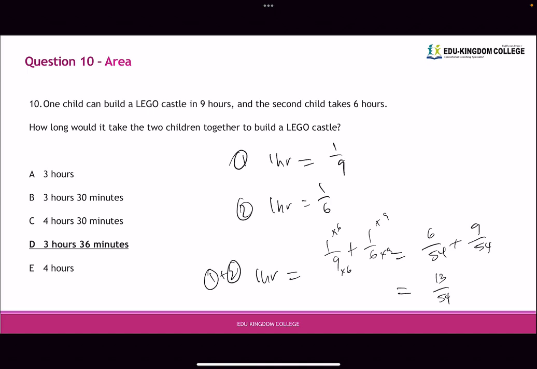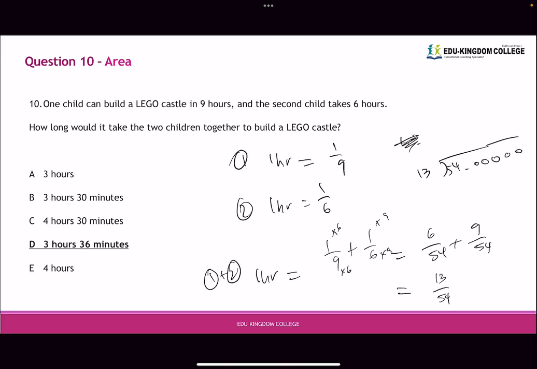So 1 divided by 15 over 54. Let's see how many times 15 goes into 54, and that's how many hours it will take to make a castle.